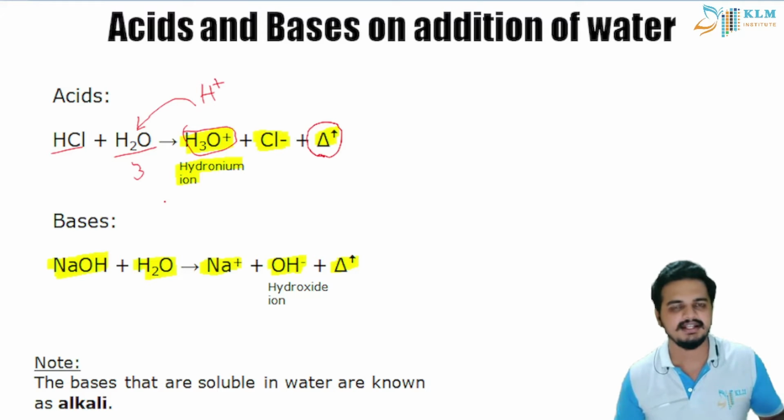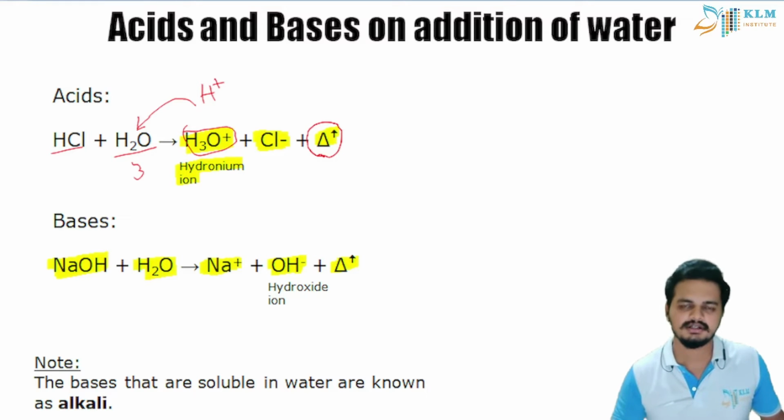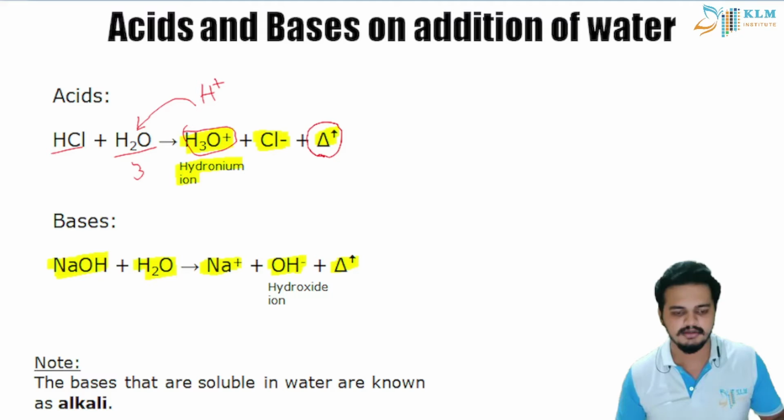That's why we take a large amount of water and slowly add some amount of acid into the water itself. We never add water to the acid, because it might cause an explosion, or the acid might spill out of the container.